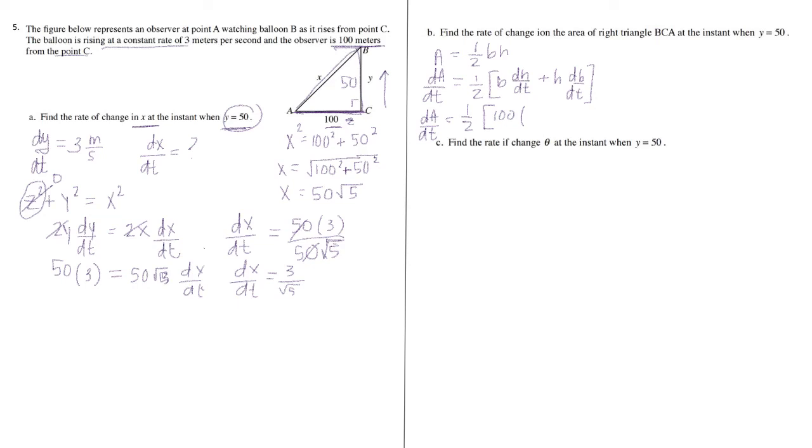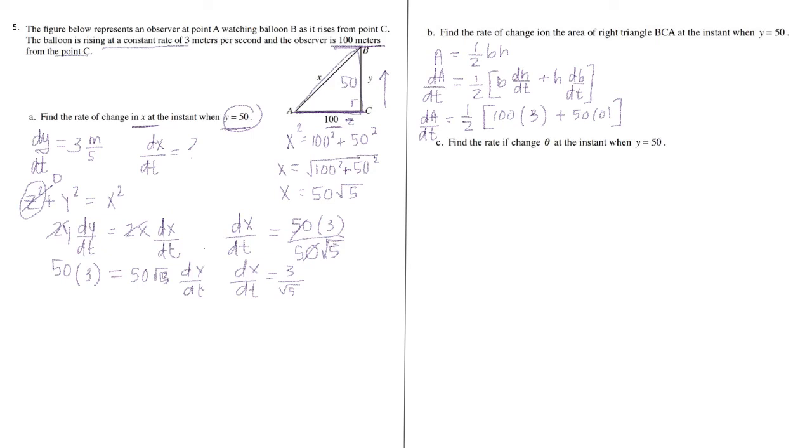And what was that rate of change of the height? The rate of change was 3, so that was given to us. So that's going to be 3 plus the height, which is 50, times the rate of change of the base, which is 0. The base is staying stationary.